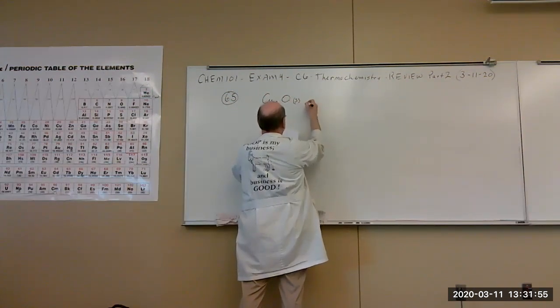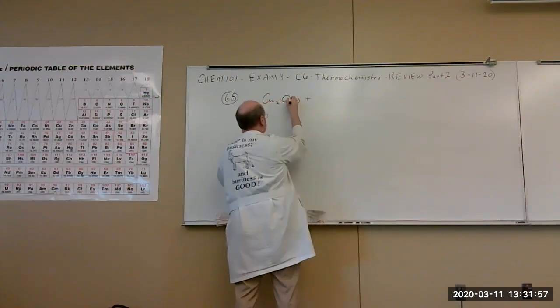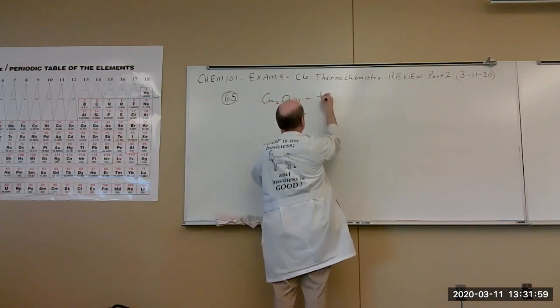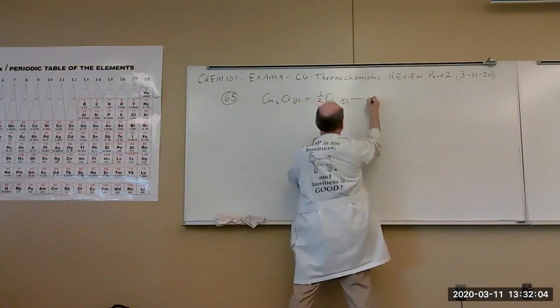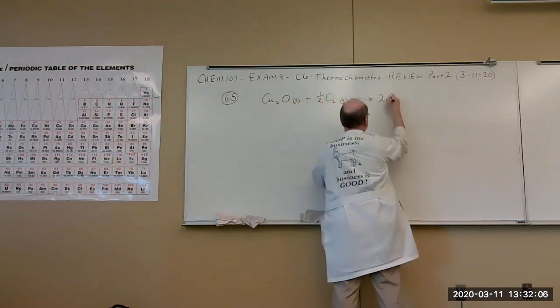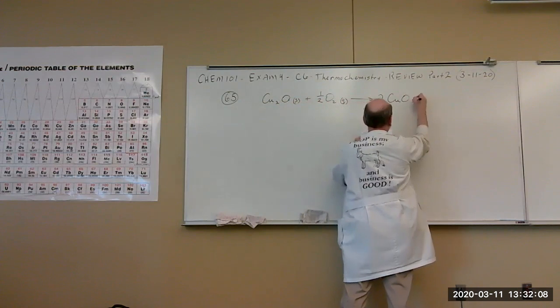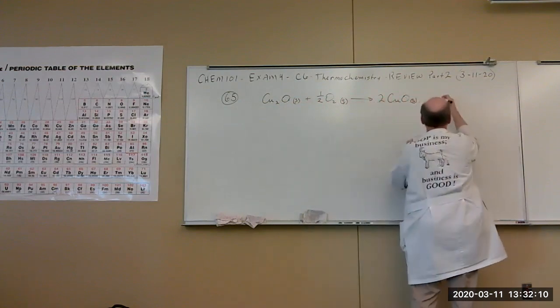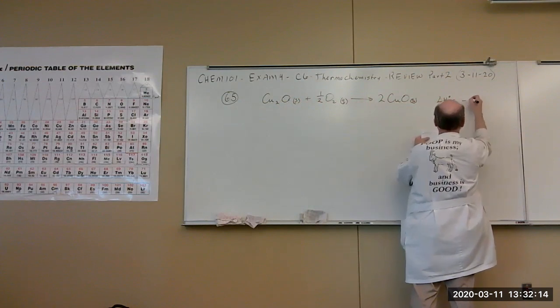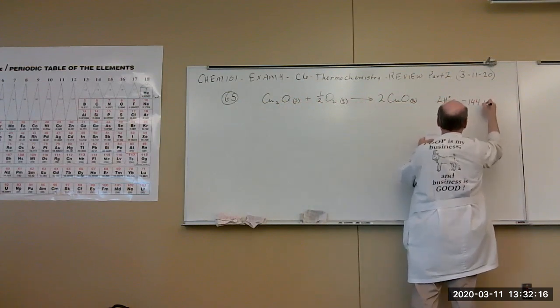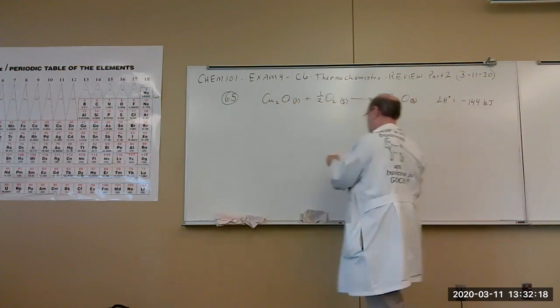Copper solid and half of an oxygen gas yields copper oxide solid, and the standard delta H is minus 144 kilojoules.